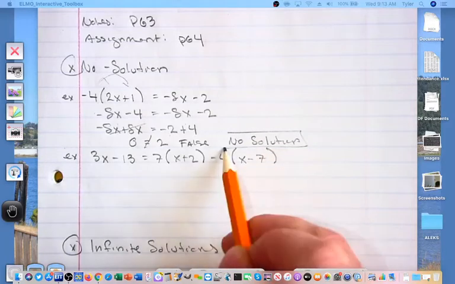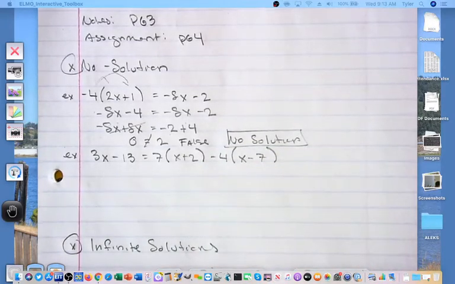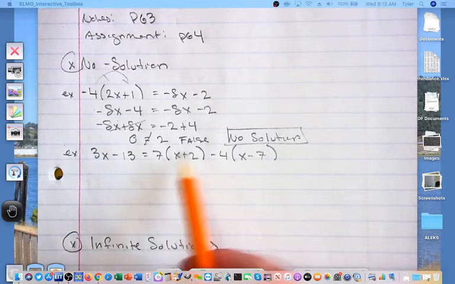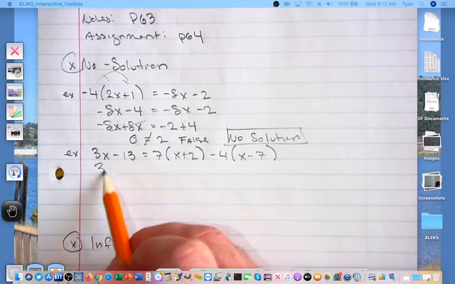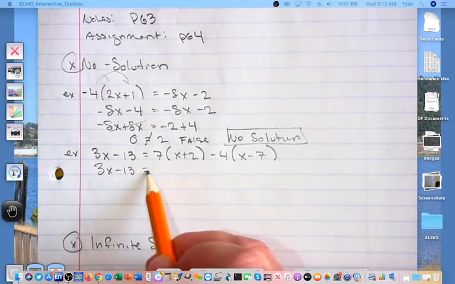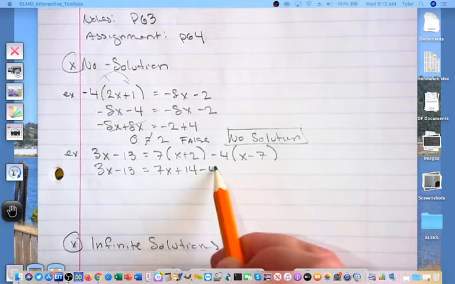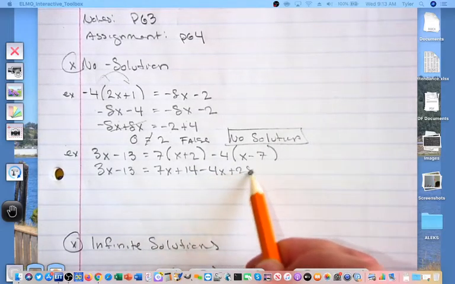Now we should get similar results in this next one. We should end up with some type of false statement. All right, so let's take a look and see what happens. This one begins with distribution twice. So I have 3x minus 13 equal to 7x plus 14 minus 4x plus 28.